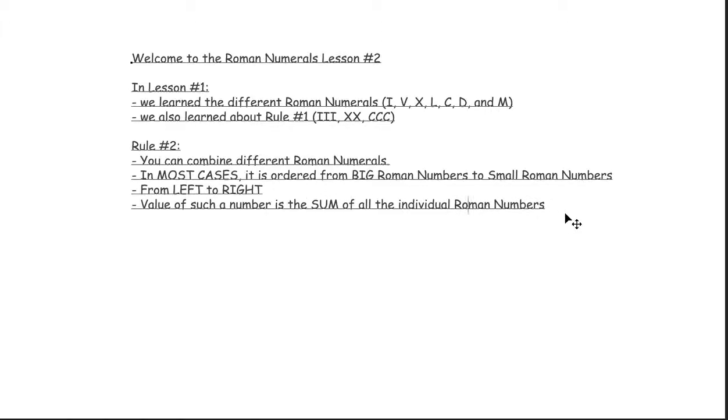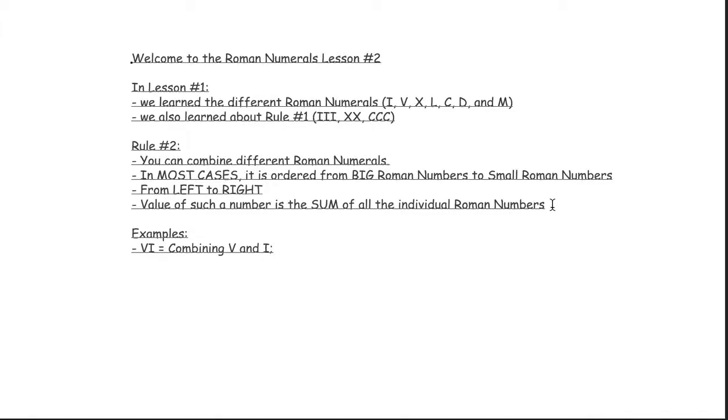Okay, let's go ahead and see some examples. For example, let's look at V and I. What can you say about V and I? We're combining V and I, which are two Roman numerals.